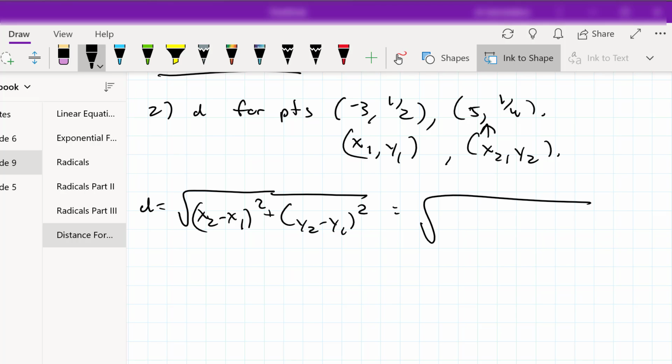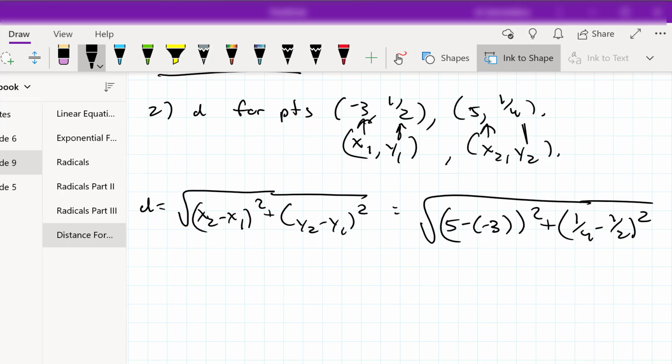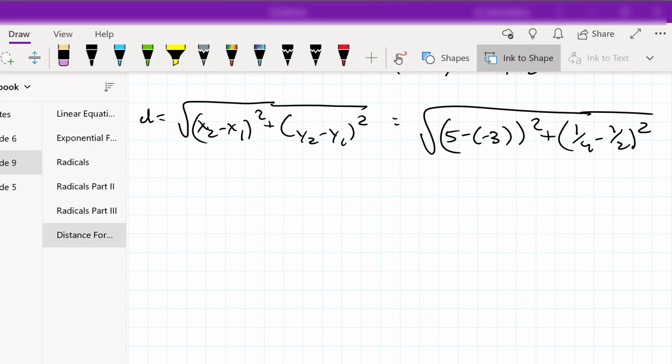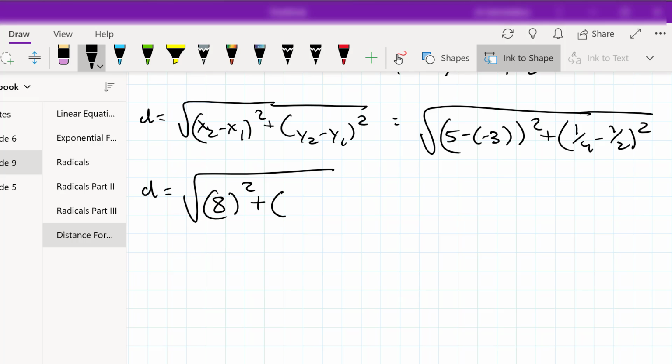Continuing, x2 is 5 minus x1 is minus 3 squared plus y2 is 1/4 minus y1, which is 1/2 squared. Continuing, we have d equals 5 minus minus 3 is 8 squared plus 1/4 minus 1/2 squared.